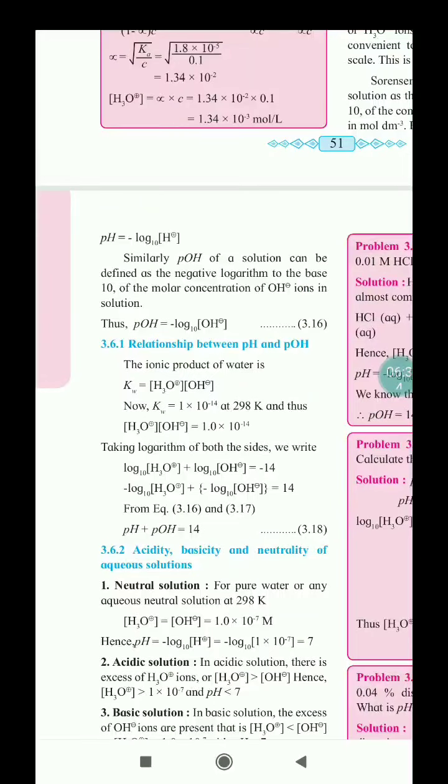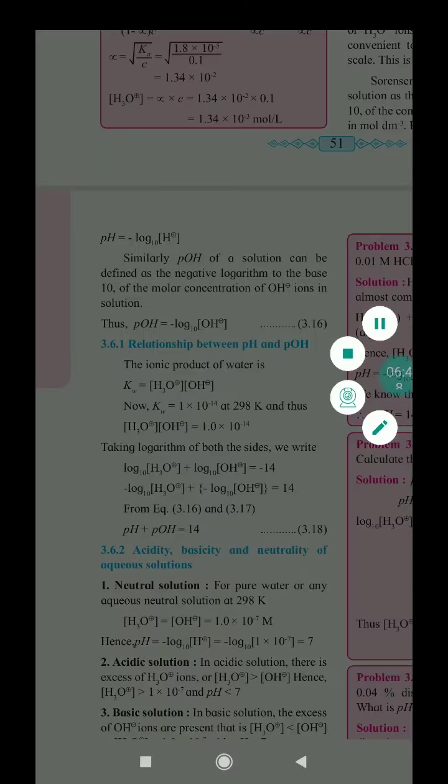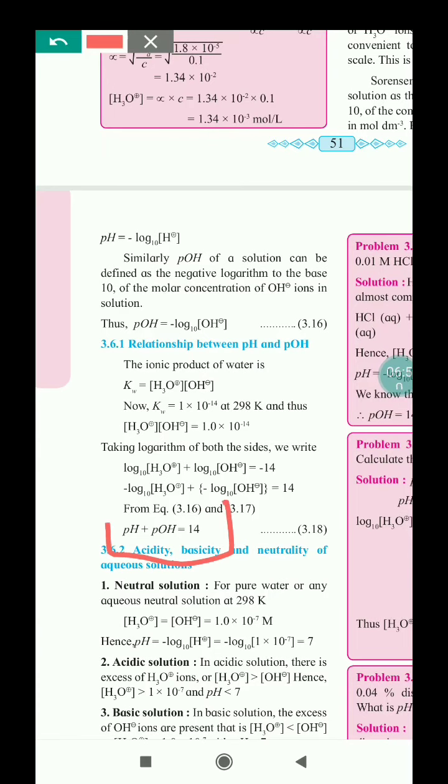Log H3O positive plus log of OH negative is equal to minus 14, minus log H3O plus minus log of OH negative is equal to 14, and therefore pH plus pOH is equal to 14. This is the relation between pH and pOH.